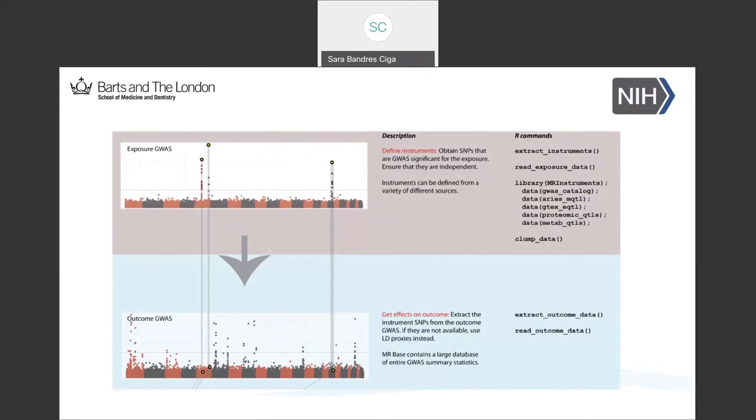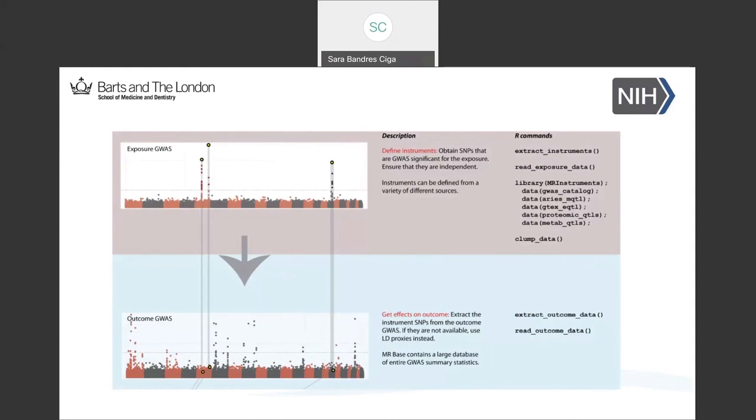Because if you use a GWAS that is underpowered, because you don't have enough SNPs that are genome-wide associated with that particular trait, you are going to find a null result. And it's not because that trait is not causally linked with that outcome, but just because you don't have the statistical power to detect it. There are actually quite a lot of tests that you can perform.